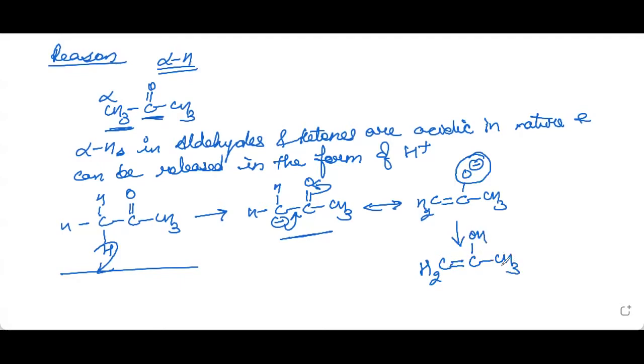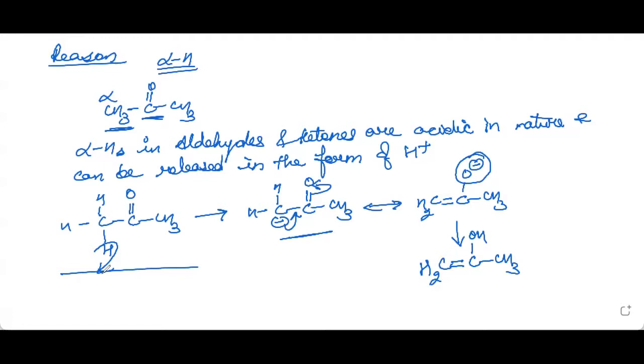So this is the reason why aldehydes and ketones having alpha hydrogen, which is a must condition, will show keto-enol tautomerism. When they release the alpha hydrogen, the resultant carbanion is resonance stabilized and carries a negative charge on the oxygen atom. This negative oxygen atom can gain the H positive which was released from the alpha position.